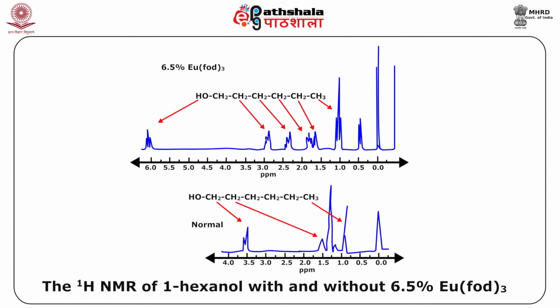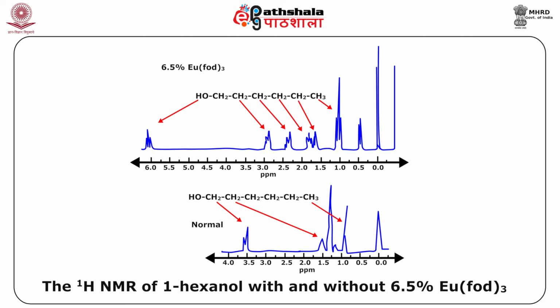The simplification of complex spectra by the addition of shift reagents can be explained by the example of 1-hexanol. In the absence of a shift reagent, as described to you above, the spectrum of 1-hexanol looks as shown in this figure.